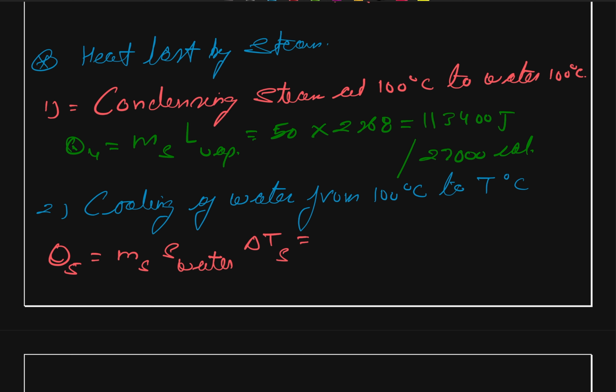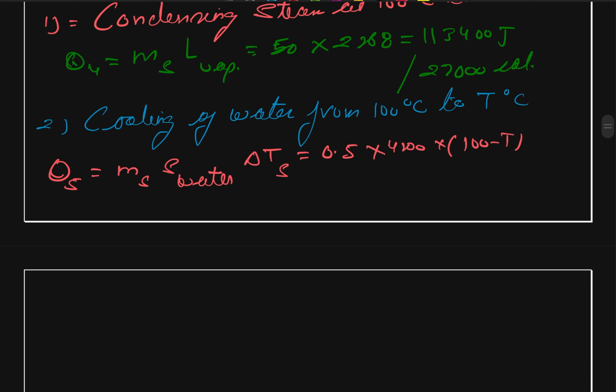So we get this as 0.5 kg multiplied by 4200 and temperature difference will be 100 minus T. And this can be written as 210 (100 minus T) joules, and in calorie we can write this as 50 (100 minus T) in calorie.